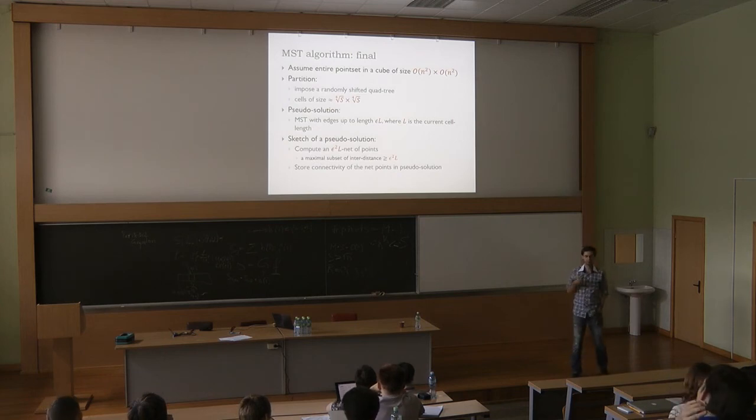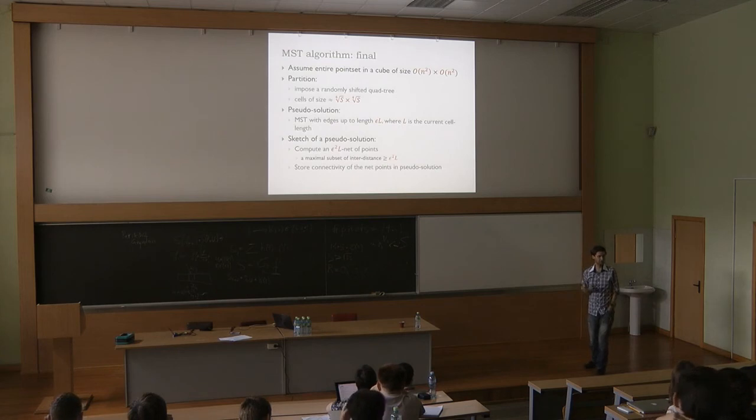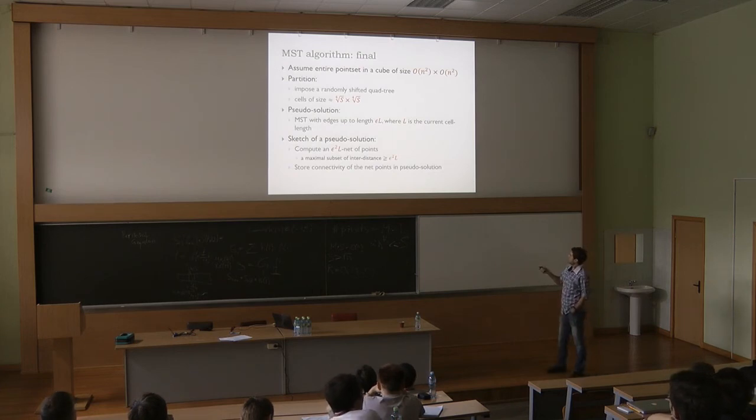The philosophy is that if I make some bad decisions, at least they shouldn't be too bad, so I stop when a bad decision would cost me too much. And the pseudo solution will actually take an epsilon net of the points, so we'll send not just one point, but a bunch of them.